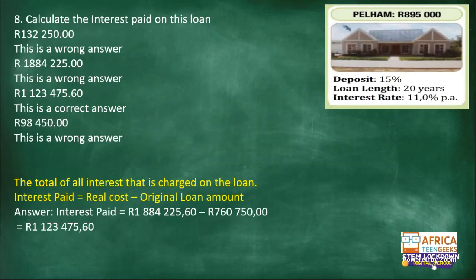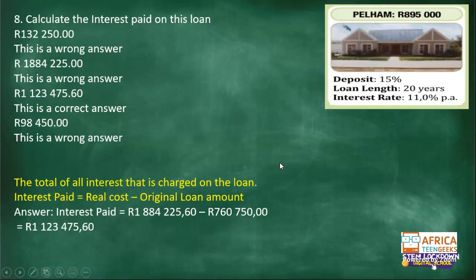Is there anyone who can tell me how you calculate this? You simply take the 1,884,225 and then you subtract the original amount there. So in this case, we were looking at the loan amount.